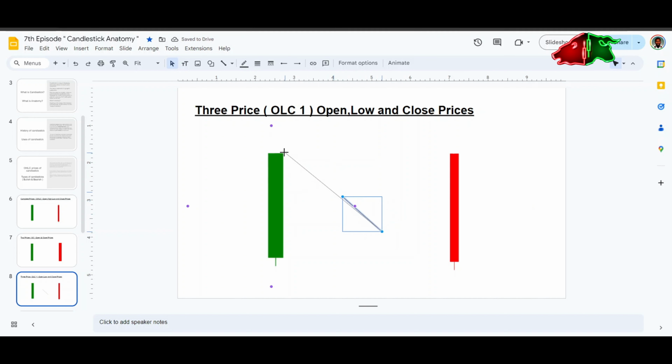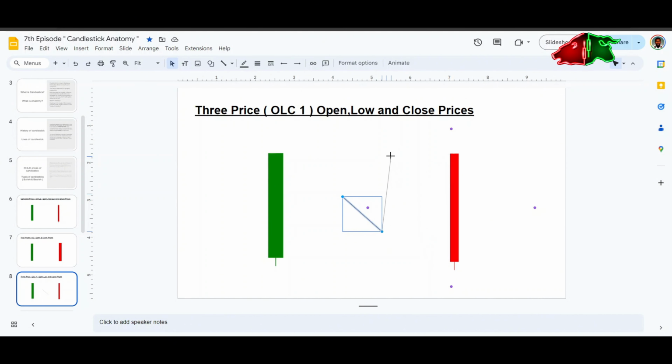Okay, so here you should all know what this is. Yes, the close price. What is here? Yep, the open price. And here, the low wick, it's called the low price. And for the bearish, here it's called the close price, and here the open price.